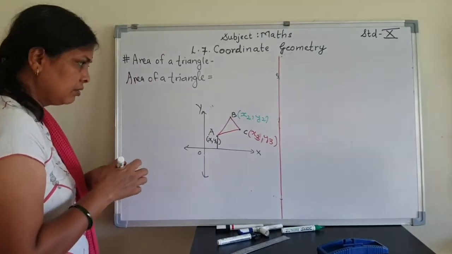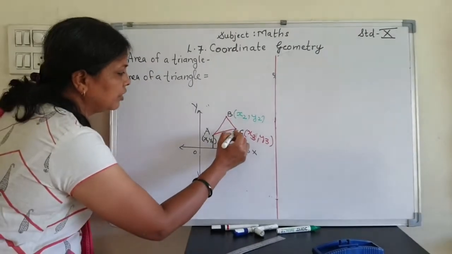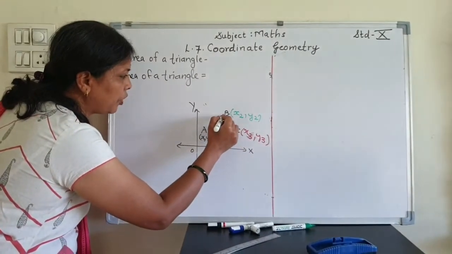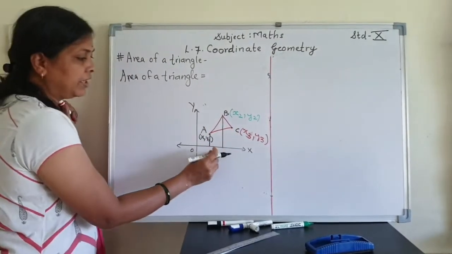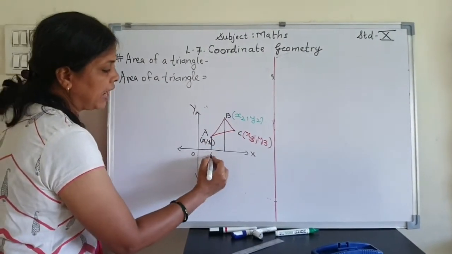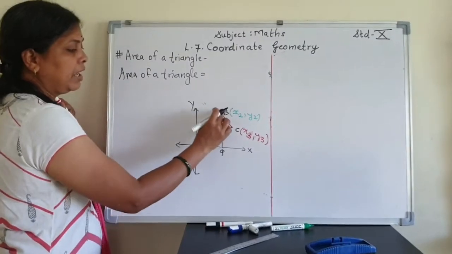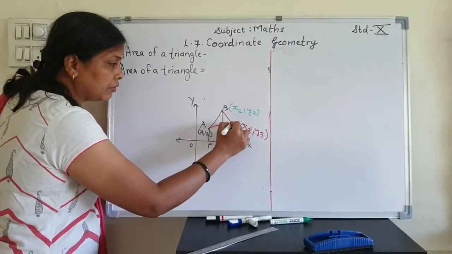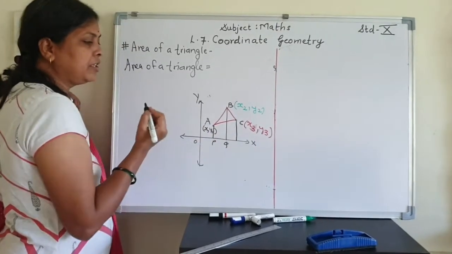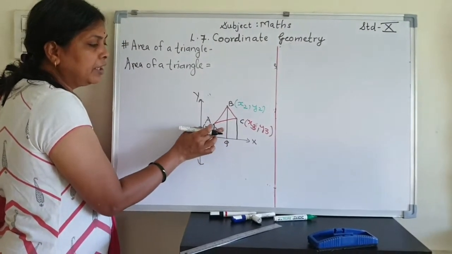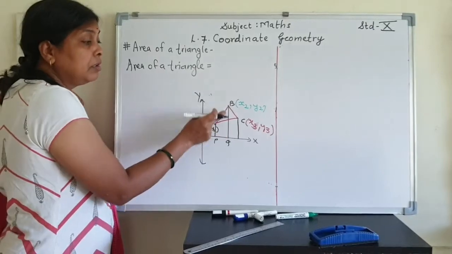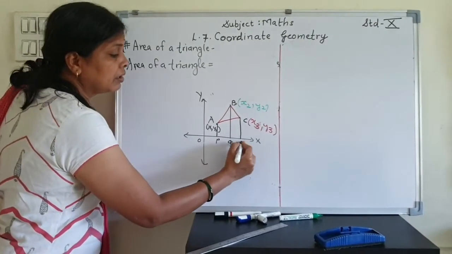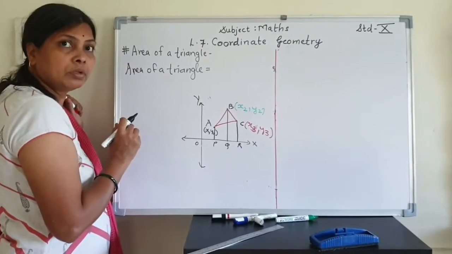By joining these points, we get this trapezium. We can name it A, B, Q, P. Then if you draw a perpendicular on this, we get another trapezium, that is B, C, R, Q.